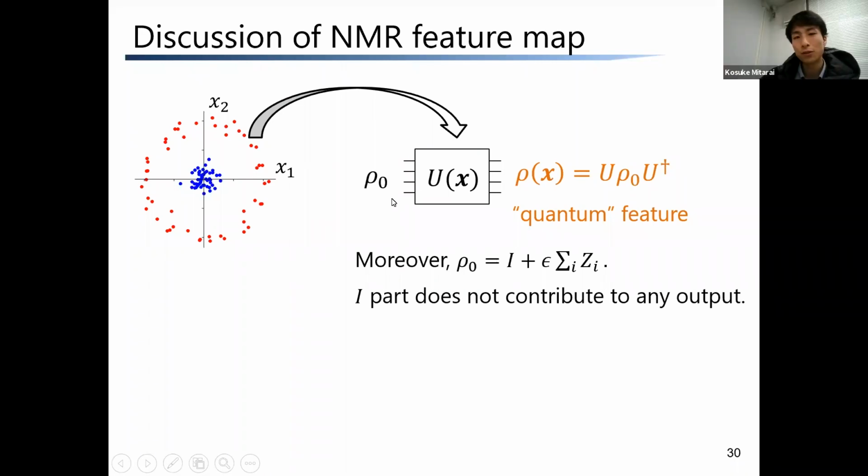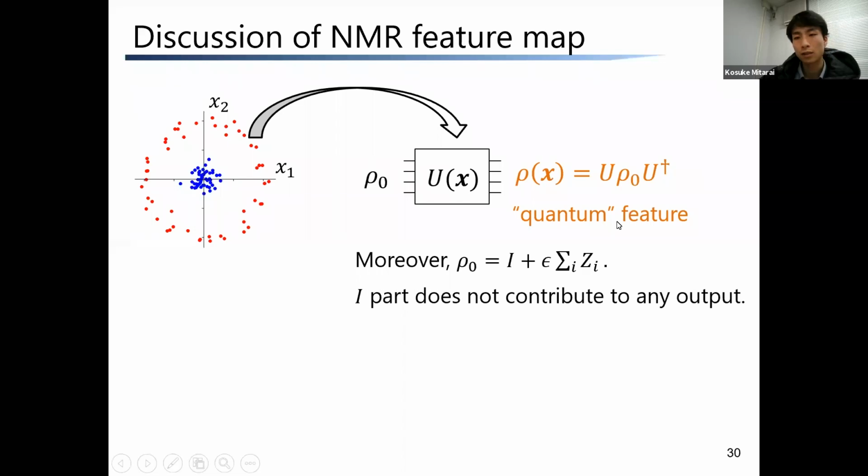So we modify the formalism to the mixed state, and we input the rho 0, and we get the data-dependent density matrix rho x. In the NMR experiment, we have rho 0 equals I plus epsilon sigma z.